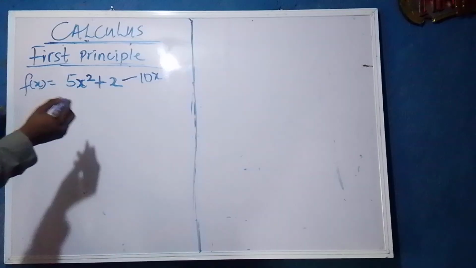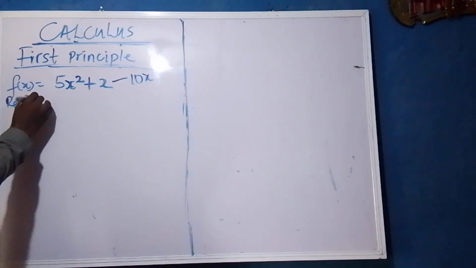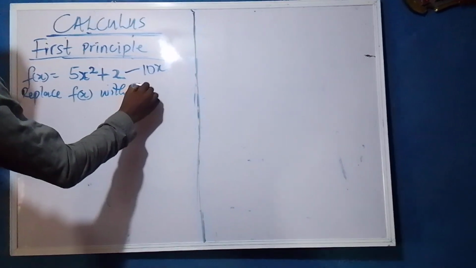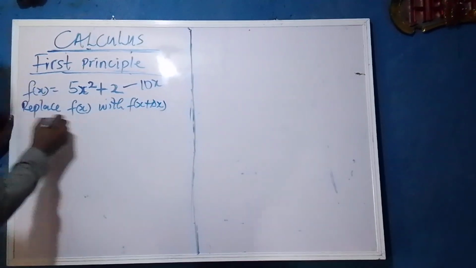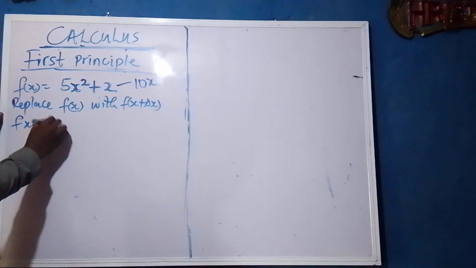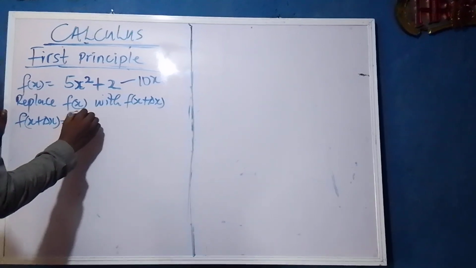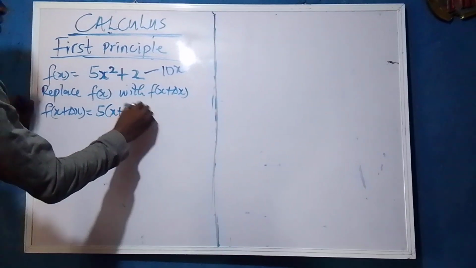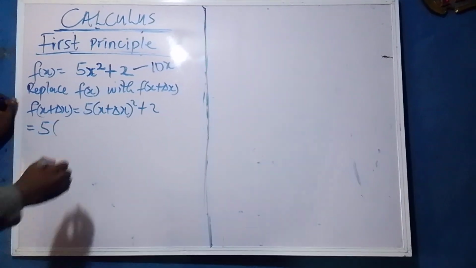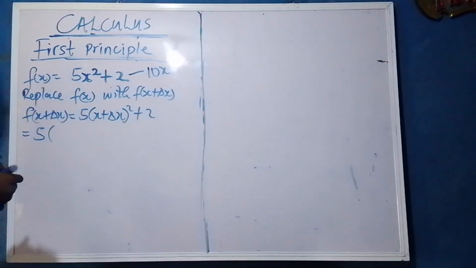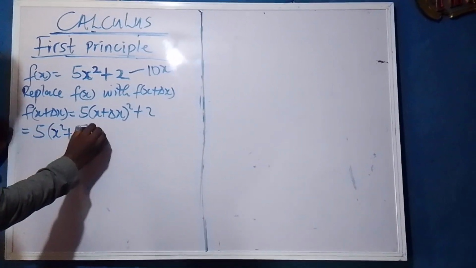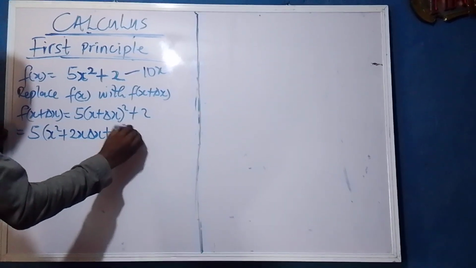So now let's start. Step number 1, replace f of x with f of x plus dx. So if you do that, f of x plus dx is equals to 5 open bracket x plus dx squared plus 2. Now, if you remember from the first question that we did, when we simplified this, we had x squared plus 2x dx plus dx all squared.